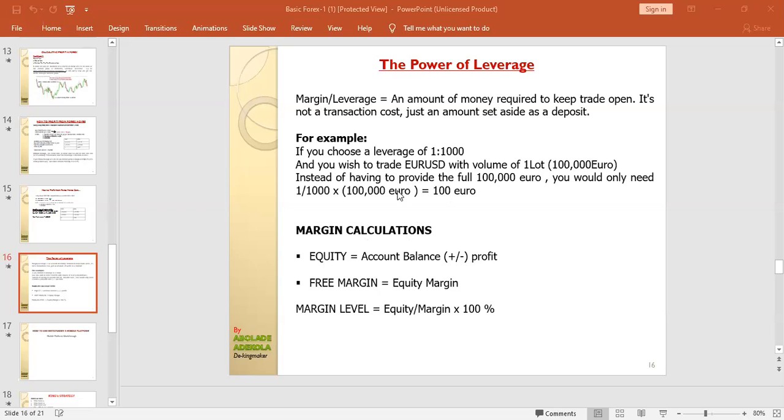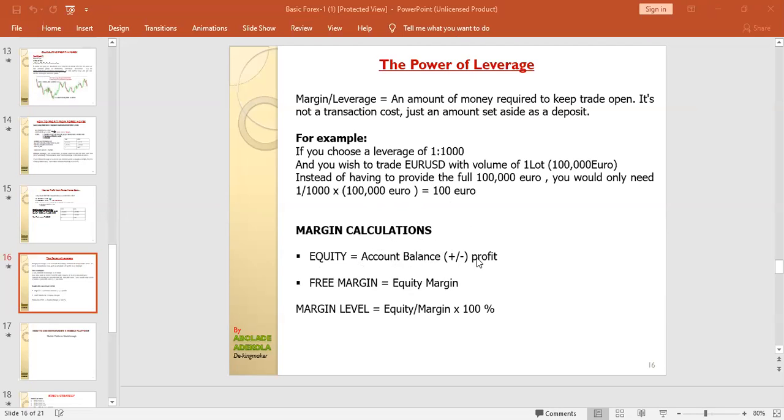Now, margin calculation. It is important we talk about this, but you don't want to bug yourself much about it. I will just talk about it before we move further. Margin calculation: equity is equal to account balance.